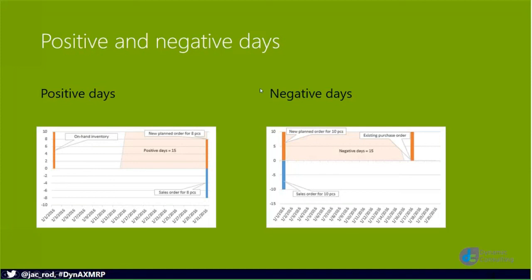As far as negative days, there's another kind of twist here. So this makes a lot of sense, right? And this works great for lead time items, right? Because you don't want to have AX generate a new planned order for you if there's another purchase order coming within the lead time. So if we have a lead time of 15 days here for this item, and we have a purchase order sometime like on the 10th, we don't want AX to say, hey, create a new planned order here, because it's not going to work anyways.